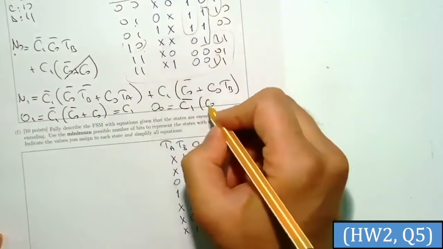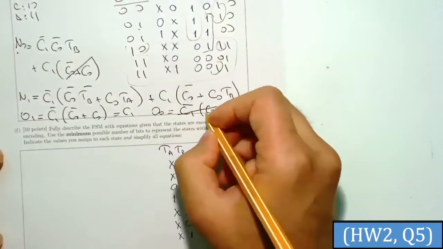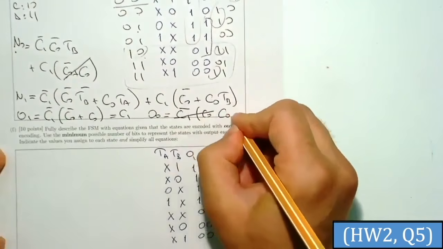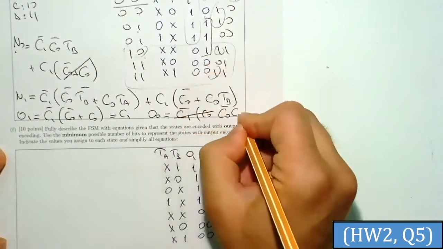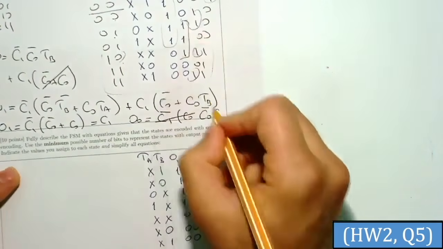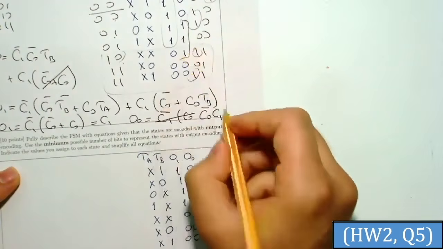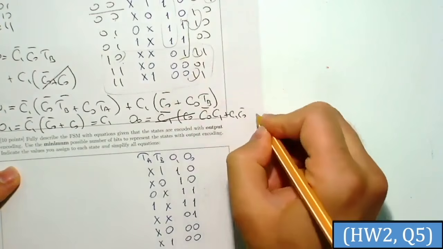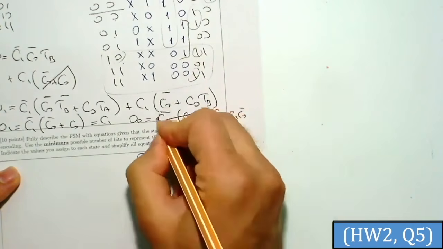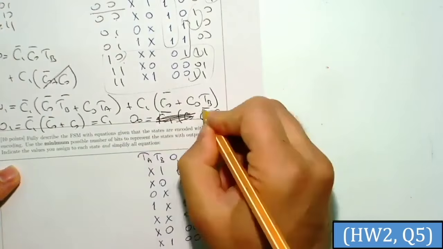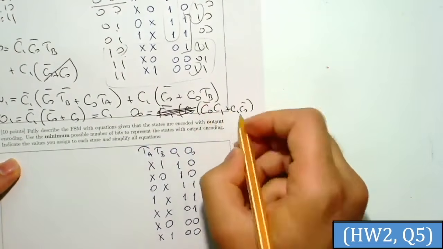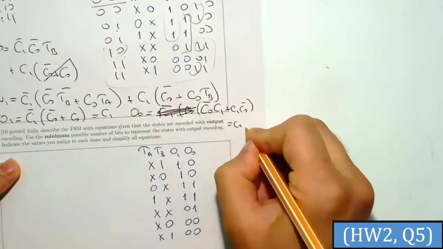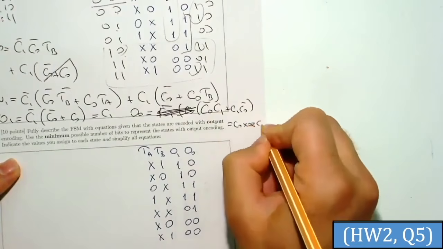And I actually have C0 not and C1 here, or C1 C0 not, right? So you can ignore that part. So this is basically XOR, right? So you can write it as C0 XOR C1 as well.